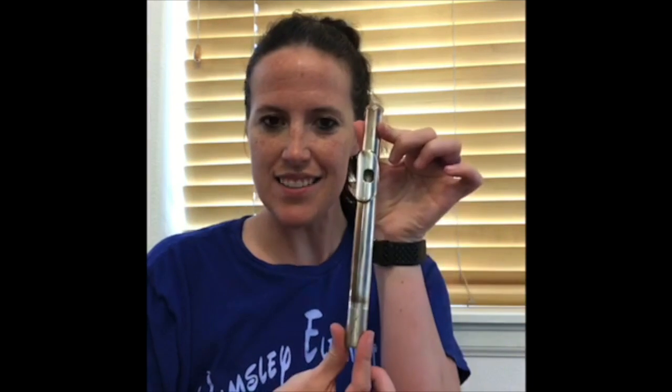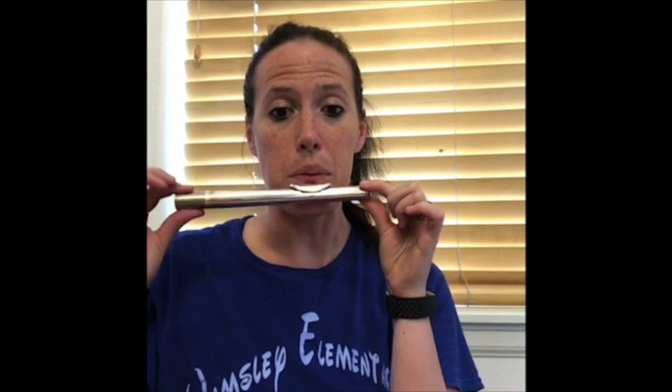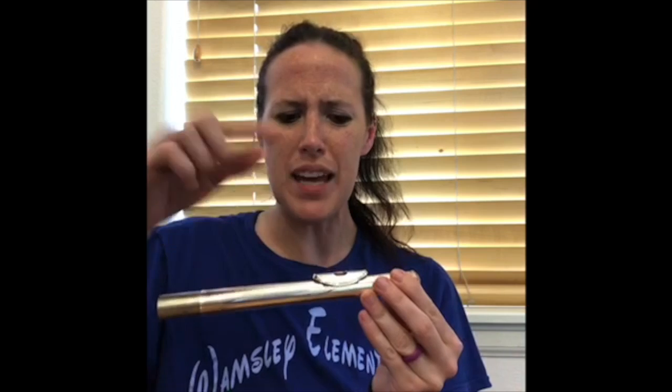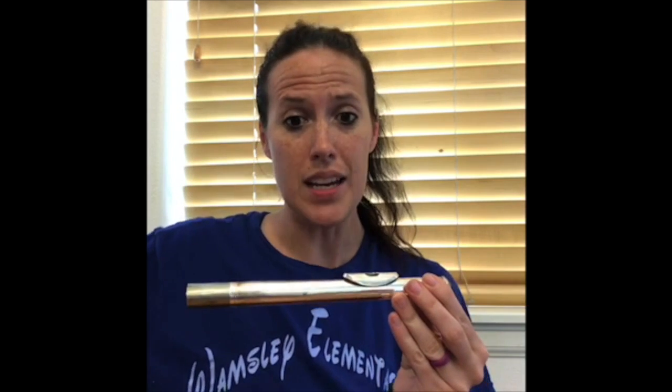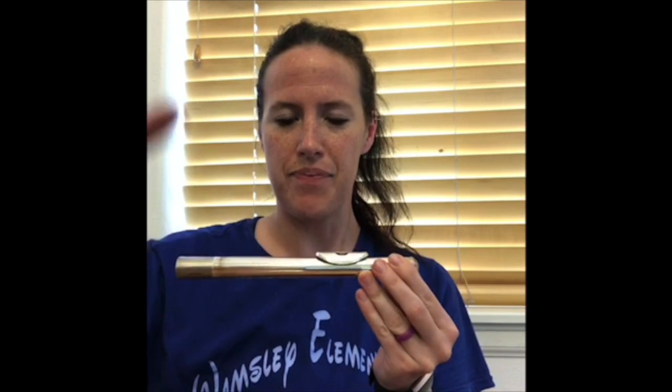So a couple of things. This is called the head joint, and this is where we play. We put our lips right here, and we blow. So the air gets split. Some of it goes down into the body, and some of it comes out here. And when you lengthen or shorten the tube, it makes a different sound. Check it out.